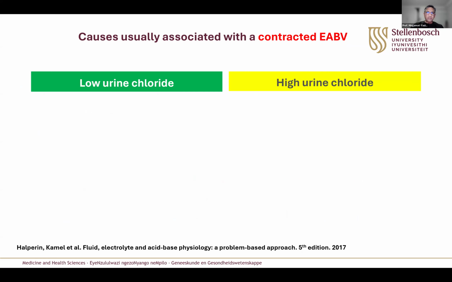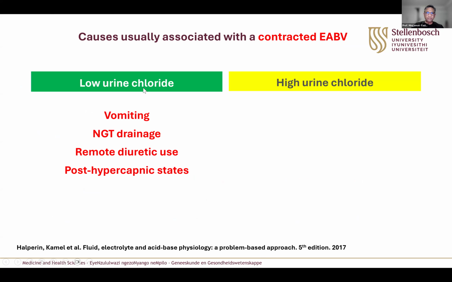Okay, so regarding the causes with a contracted effective arterial blood volume and a low urine chloride: vomiting, nasogastric tube drainage. I always see this happening in our surgical ICUs. For some reason, the surgeons love to put the ICU patients on nasogastric tube drainage.